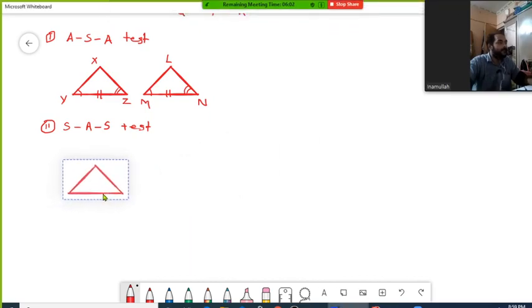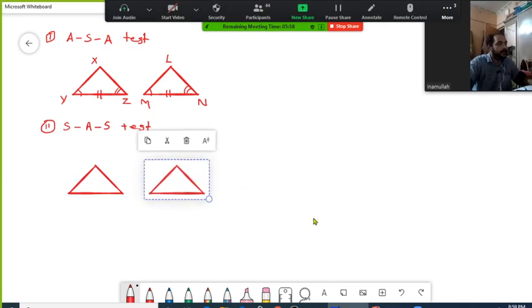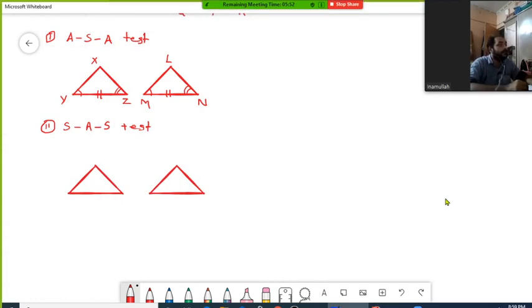So again we have two triangles. Suppose these two triangles are PQR and LMN.